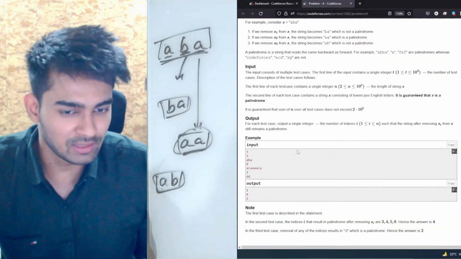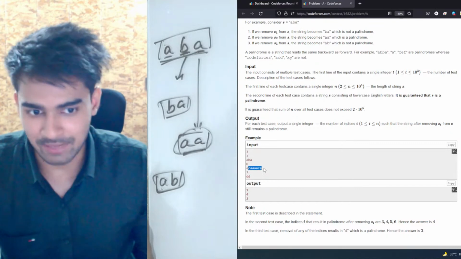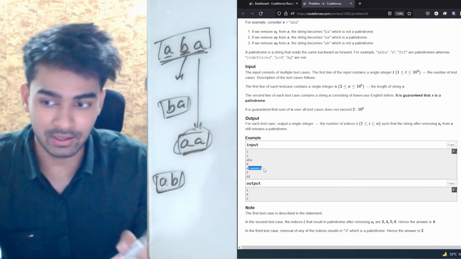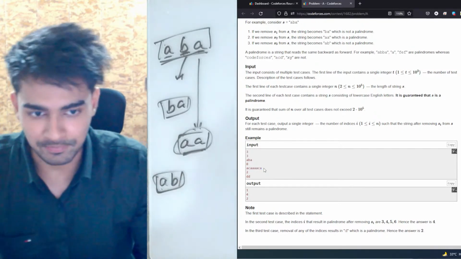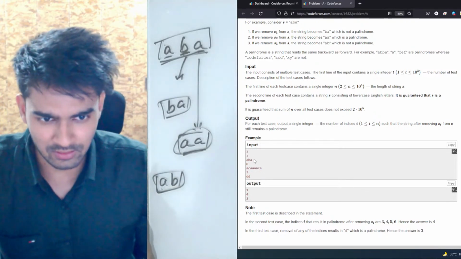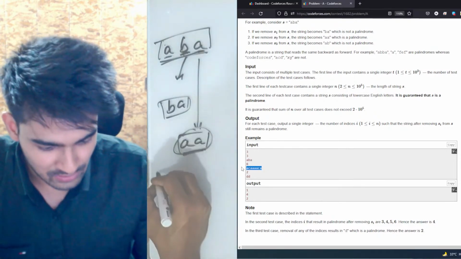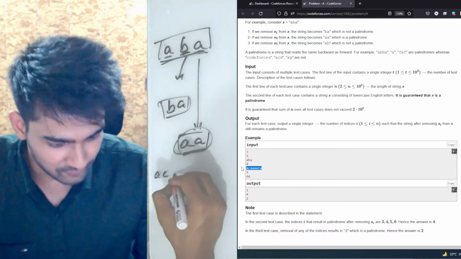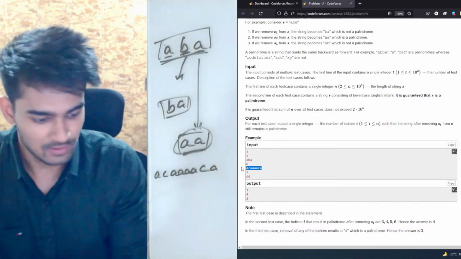So what we are given is a string and we need to find how many such indexes are present. Let's take another example: a, c, then 4 times a, then c, a.